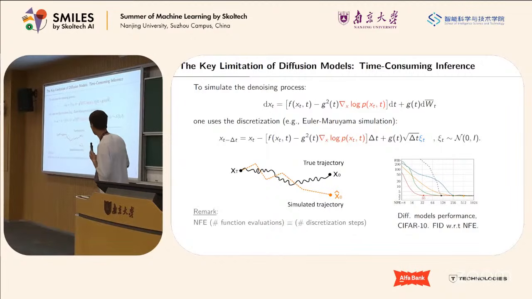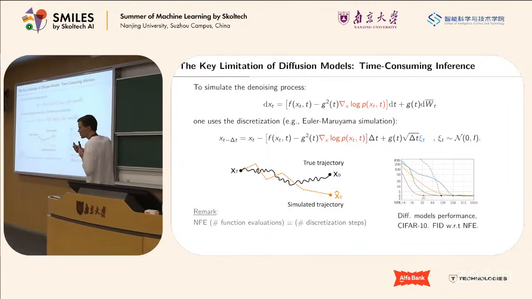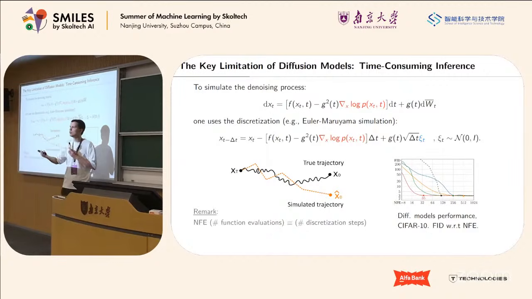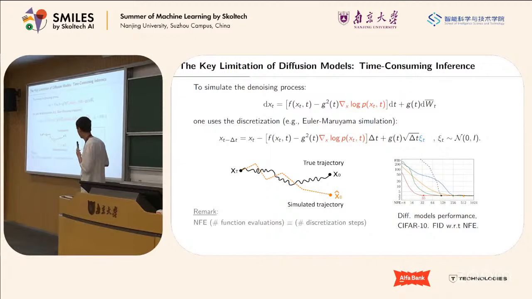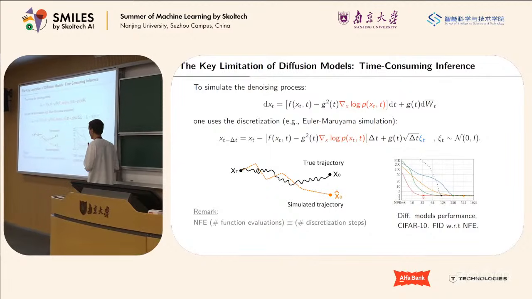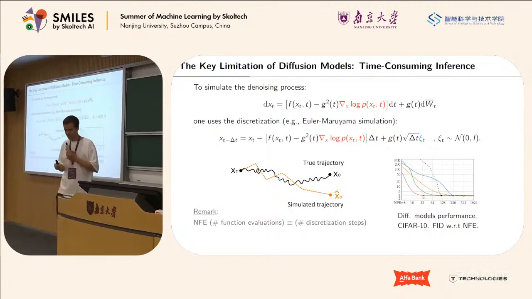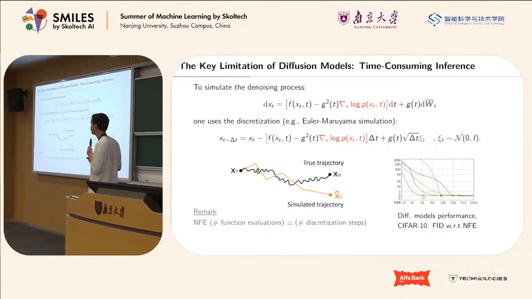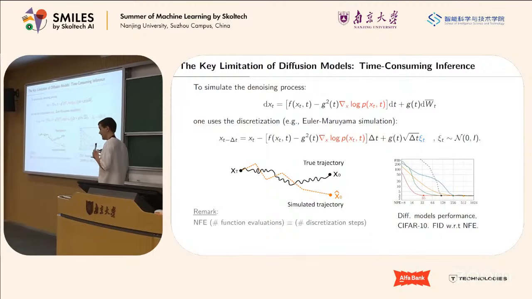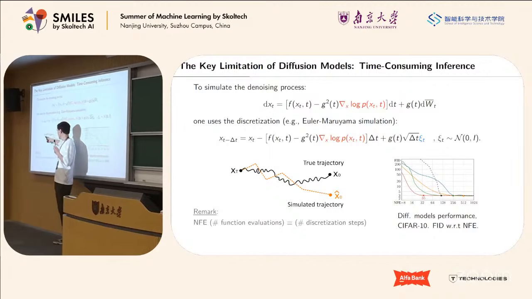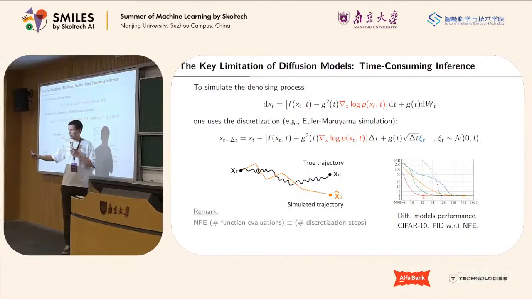So roughly speaking, to accurately model your trajectory of generation in a diffusion model, you need to do a lot of evaluations of your neural network, which approximates the score function of the backward stochastic differential equation. And the problem is, why not take a bigger delta t, so that my discretization will be a little bit worse? The problem is that if you take a higher step in this discretization, you obtain some error, and in practice you model not the true trajectory, but you fall out of it.